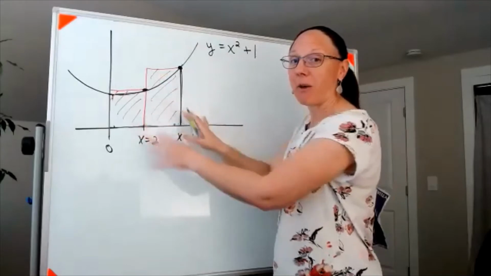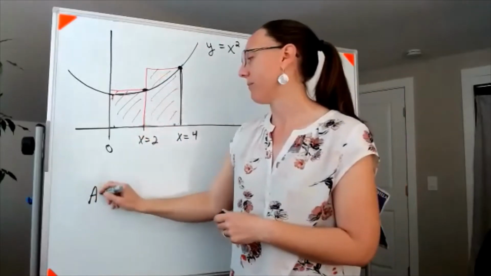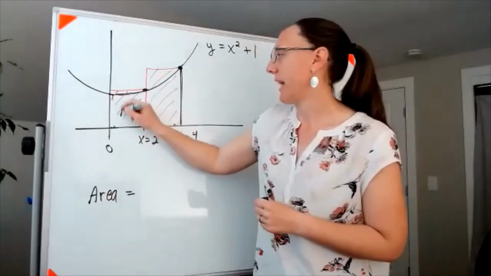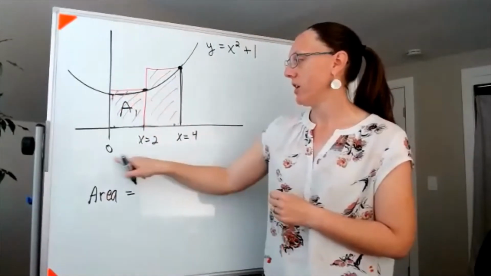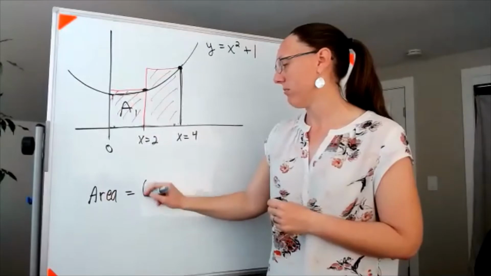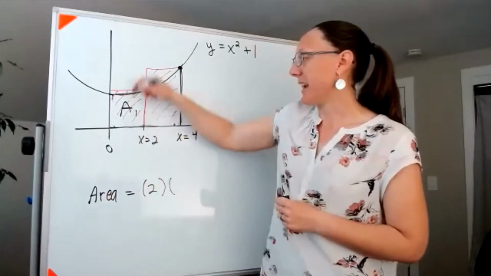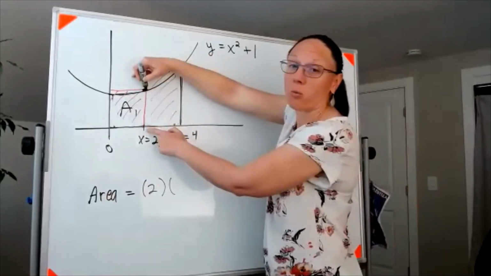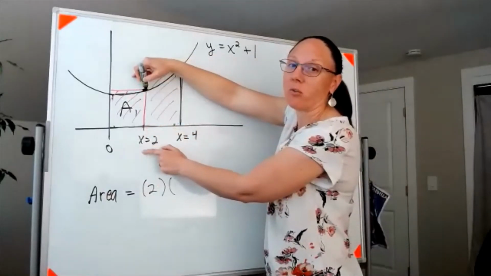So that means if I wanted to approximate this area, I would get that area by doing the area of this first rectangle. So my base is 2. And to get my height, I'd be using the height from the right-hand x value.